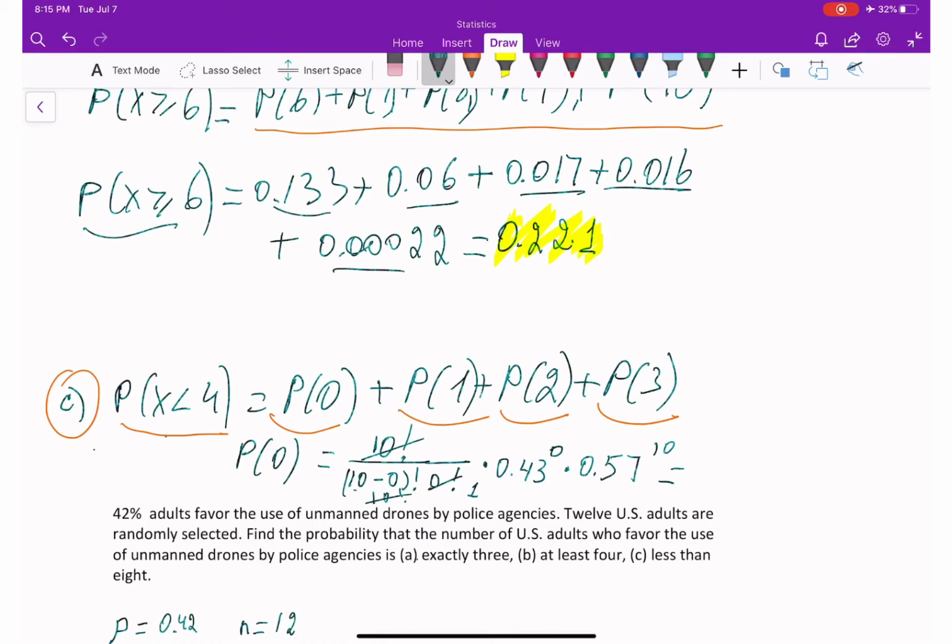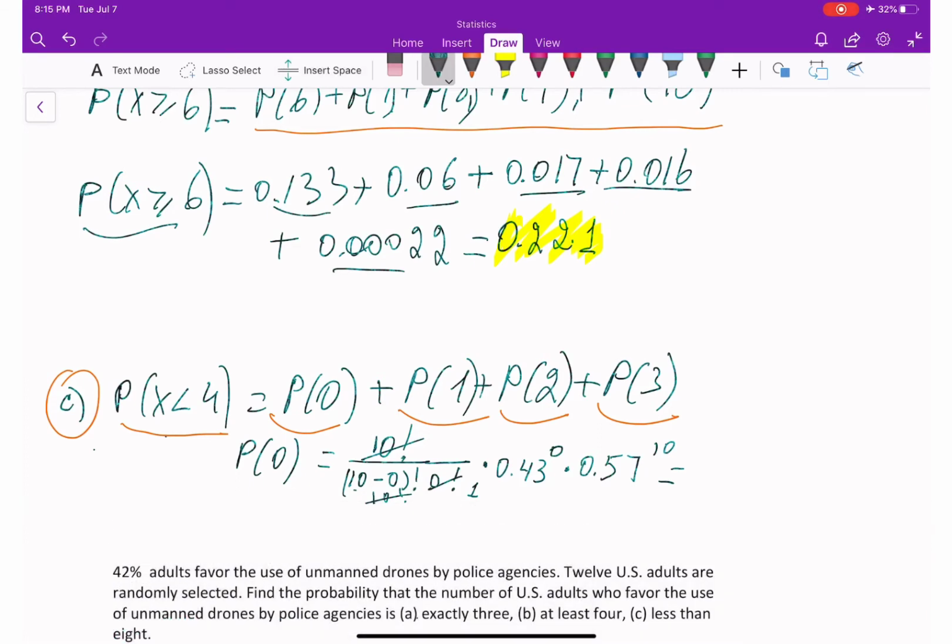Let me write it more clean. 10 factorial, because 10 minus 0 is 10 factorial, and this 0.43 to power 0 is 1.